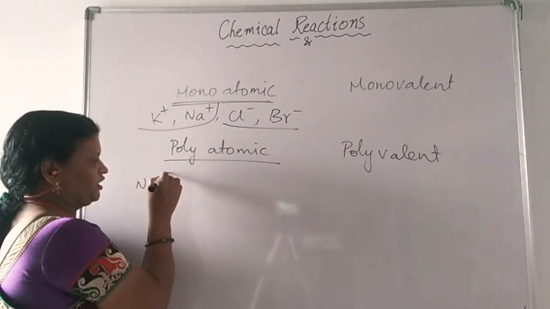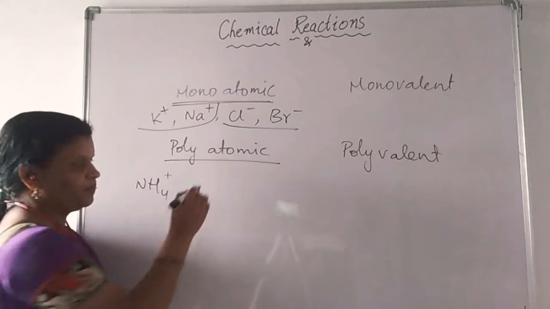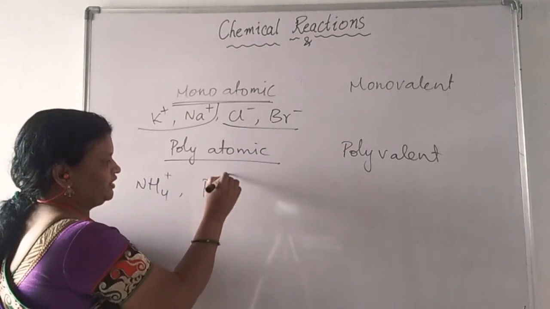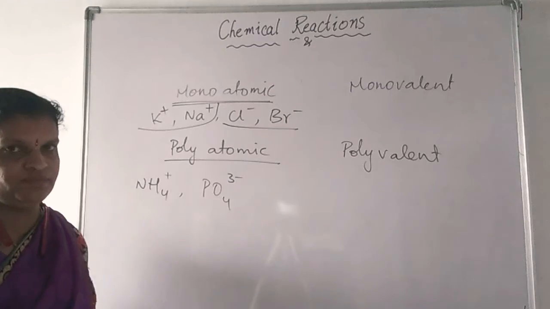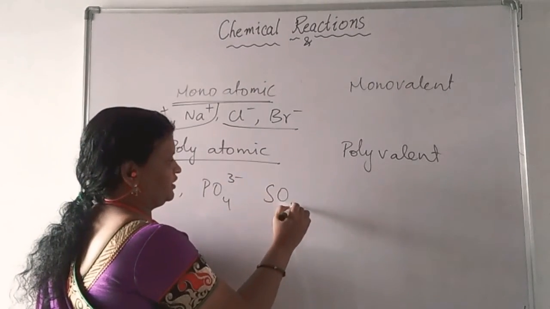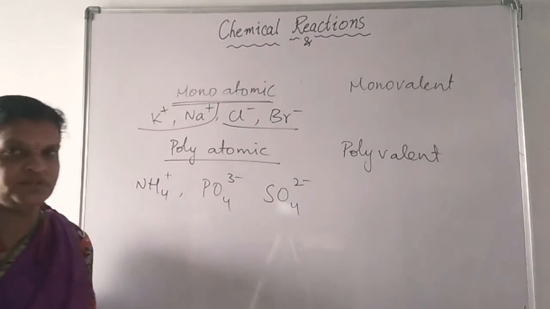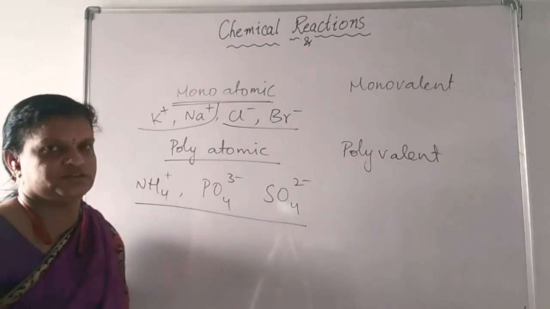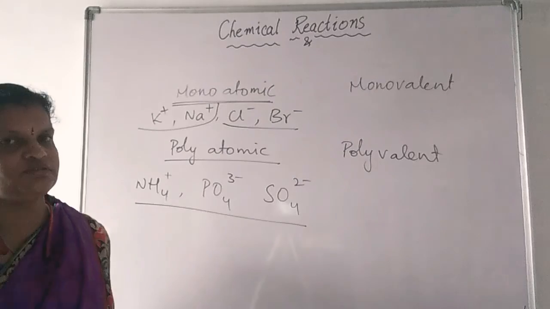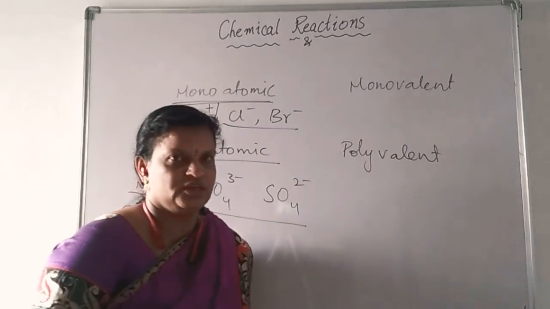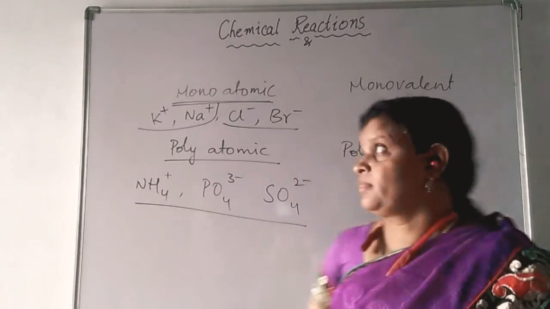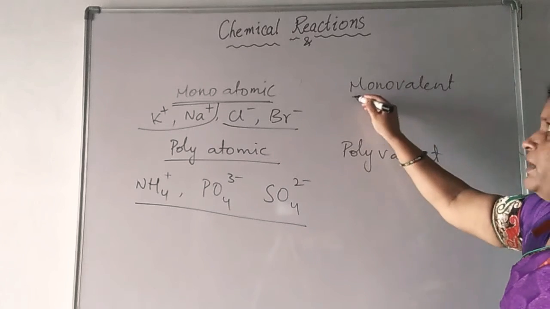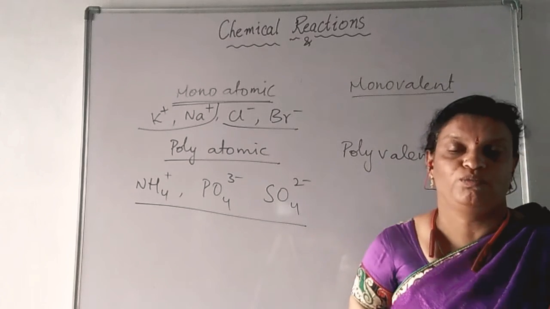So polyatomic: NH4+ ammonium ion, PO4 3- phosphate ion, SO4 2- sulfate ion. Like this, we can write the polyatomic ions. I am showing very few because you know already, in 9th class you got many ions.